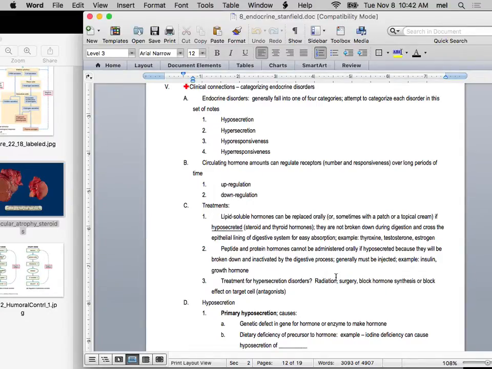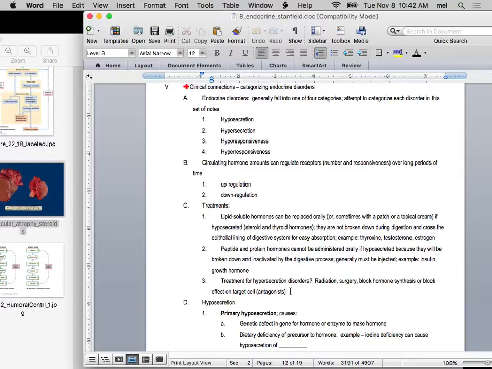So if it is a hypersecretion disorder, you can choose radiation, surgery, chemotherapy. For instance, with thyroid tumors, in addition to surgery, quite often they do radioactive iodine, which just goes right here and ends up blasting the rest of it there. So they do that in combination. Now, the other thing you can do is you might need to use an antagonist.